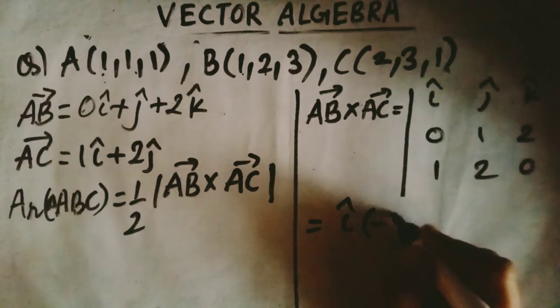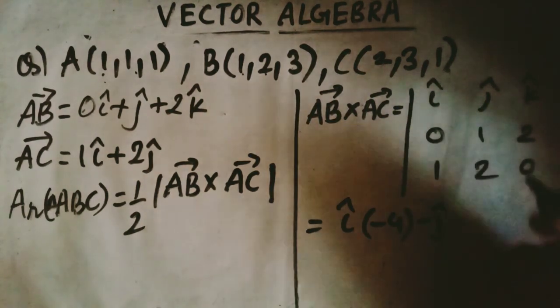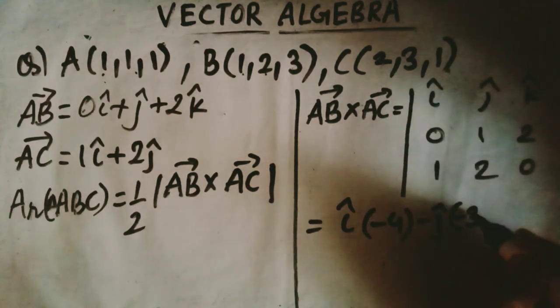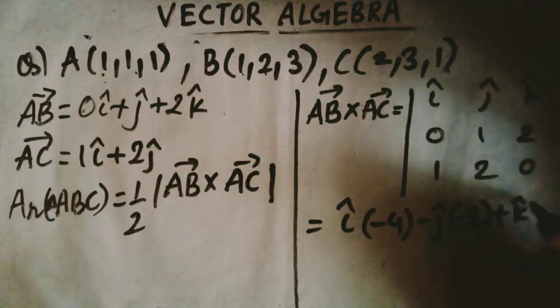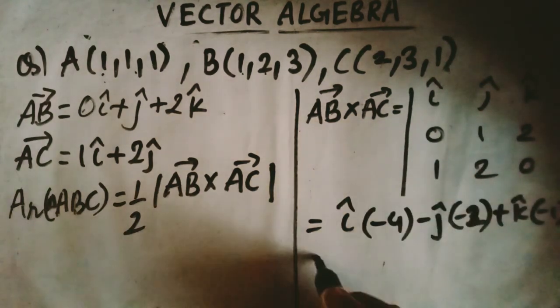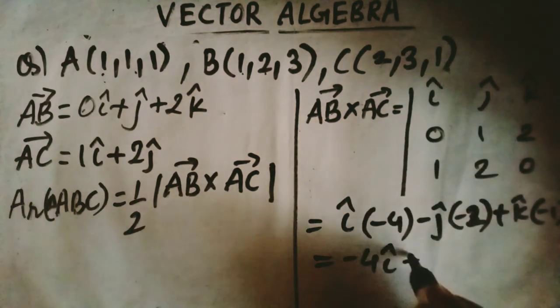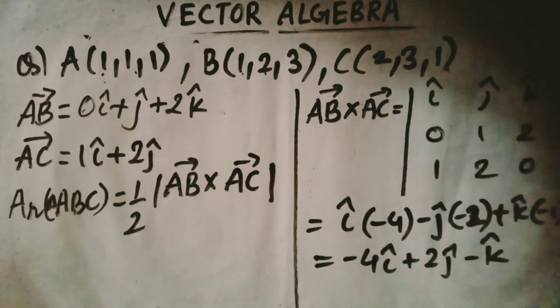Zero minus 4 i, minus j, minus 2, and plus k, minus 1. So minus 4i plus 2j minus k. This is your AB cross AC.